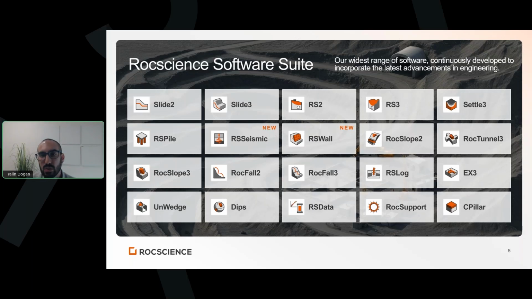We also released 2 new programs this year, RSWall, which is a retaining wall stability analysis tool, and RS Seismic, which is a 1D seismic site response analysis software. And we have a number of structurally controlled failure analysis products that deal with joints and discontinuities. We'll be talking about one of those today, which is RocSlope2.